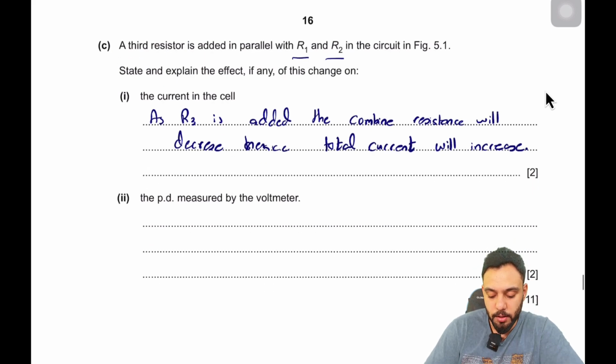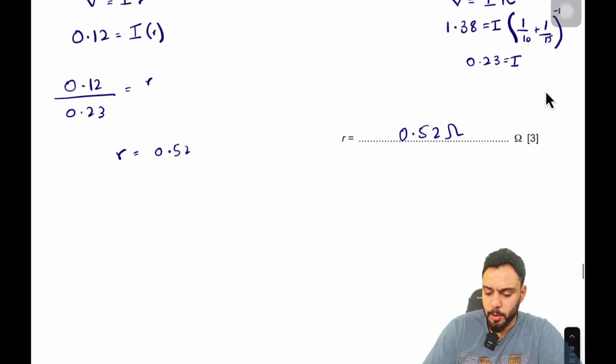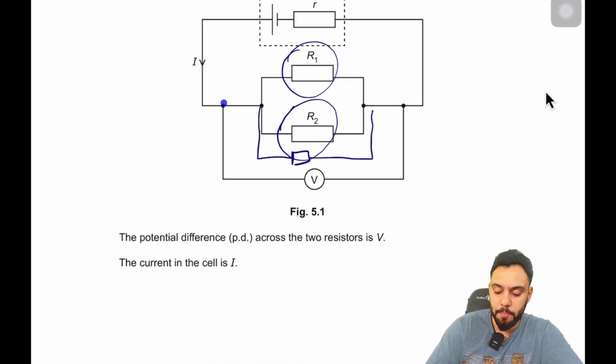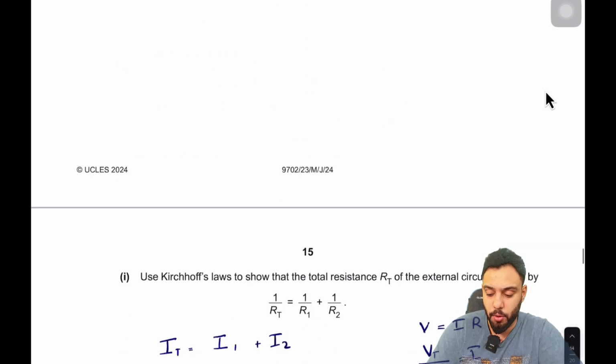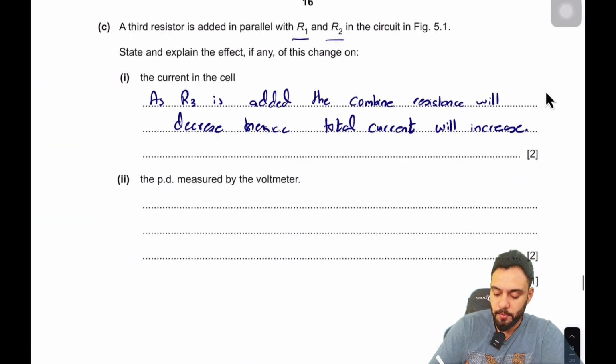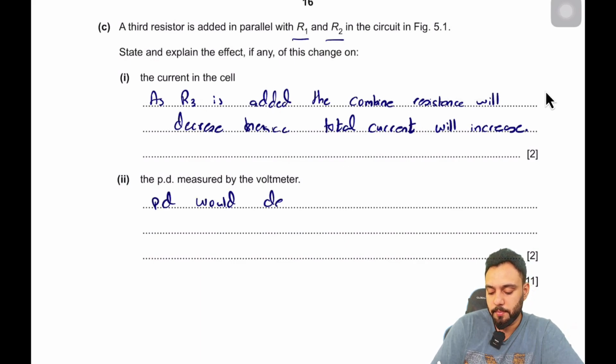Moving on, the PD measured by the voltmeter. Again, because the total resistance is going to decrease, the potential drop would also decrease, less requirement of voltage would be there. So PD would decrease as resistance decreases.